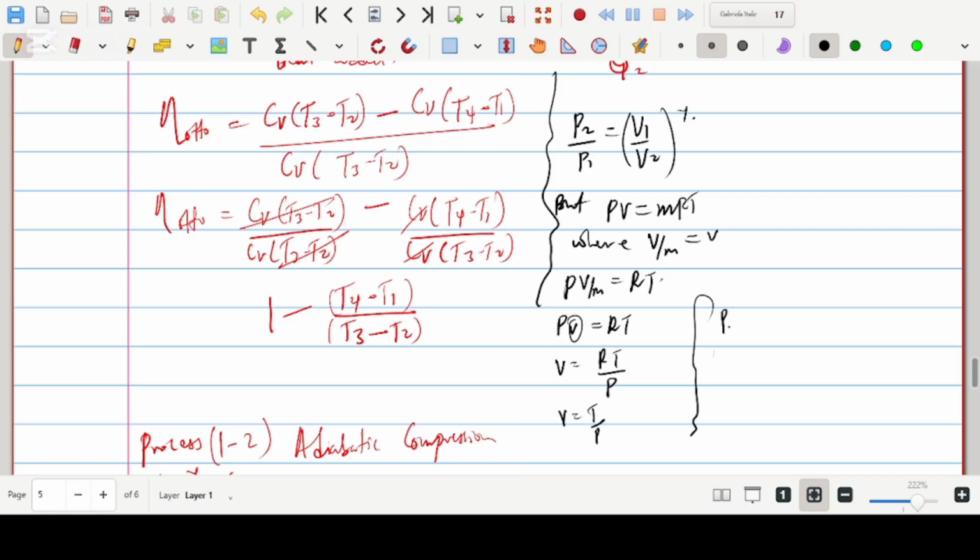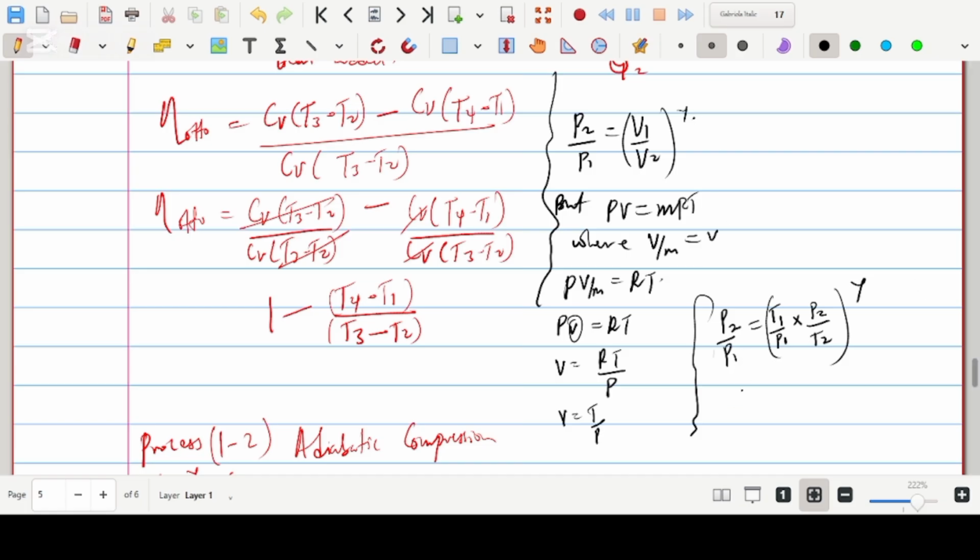We still have P2 over P1 equals V1 over V2, where V1 is now T1 over P1, divided by V2, and division changes to multiplication, that is P2 over T2, raised to power gamma.